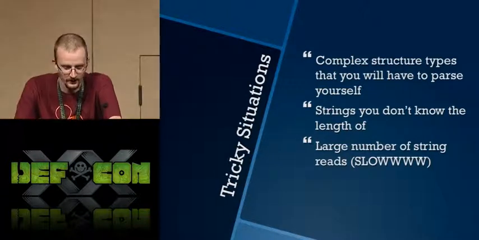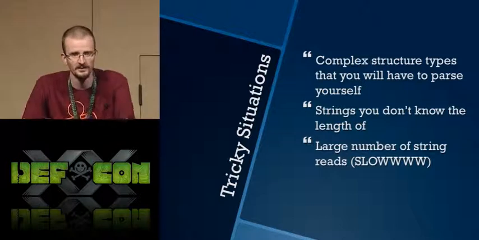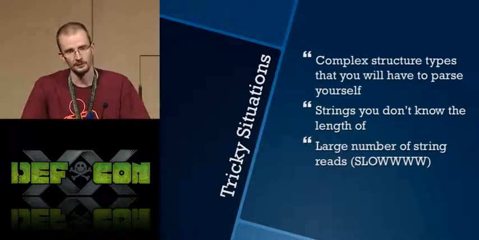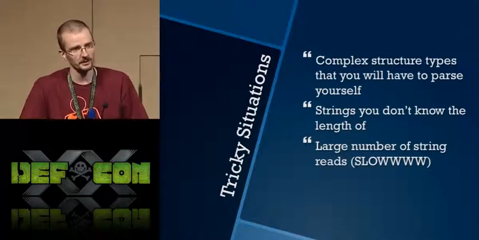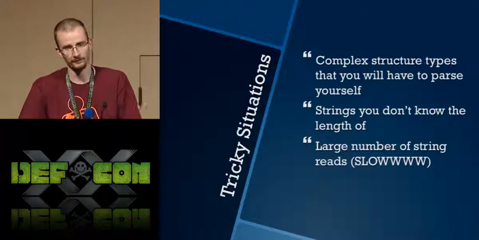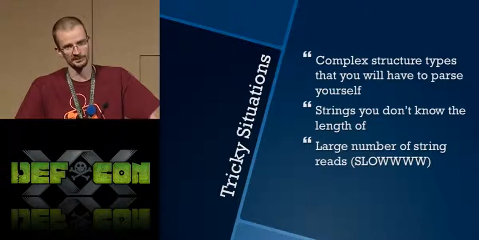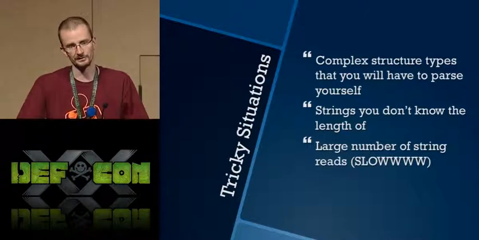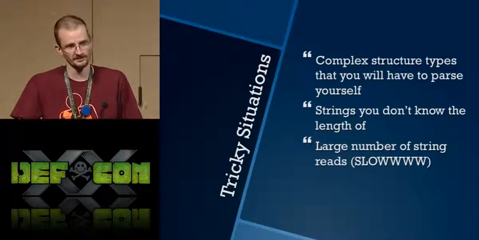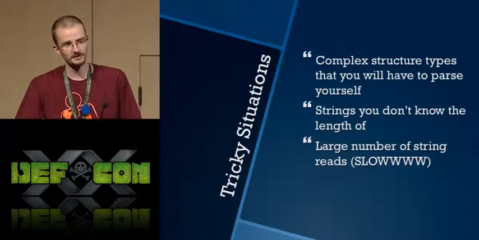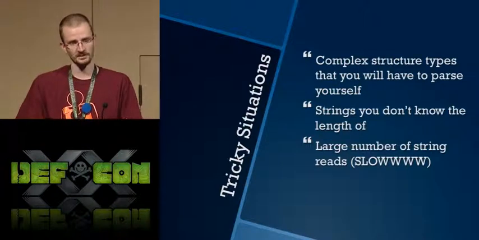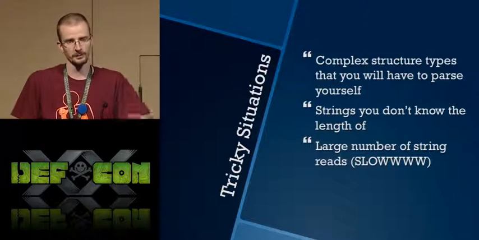And one of the downfalls right now with Railgun is that it's slow because every single request and every read operation has to be sent as a packet from your client back to the interpreter on the victim machine. And so large numbers of string reads, for example, is a very slow process. So it seems like, I'm just pulling this data structure out of memory on my victim, it should come back to me.